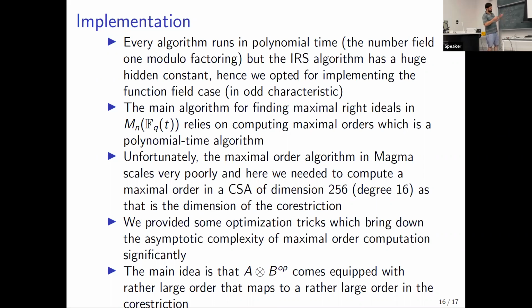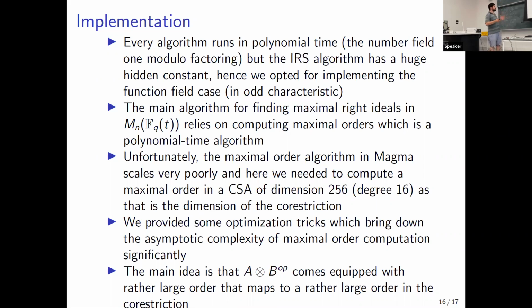As you've seen, we need to use it in degree 16. So the dimension is 256, and that is already too big for the algorithm to handle. We tried some optimizations here, because we are not in a generic scenario where we're just given M16K as a collection of structure constants. It comes from a Corestriction that comes from the tensor product of quaternion algebras.